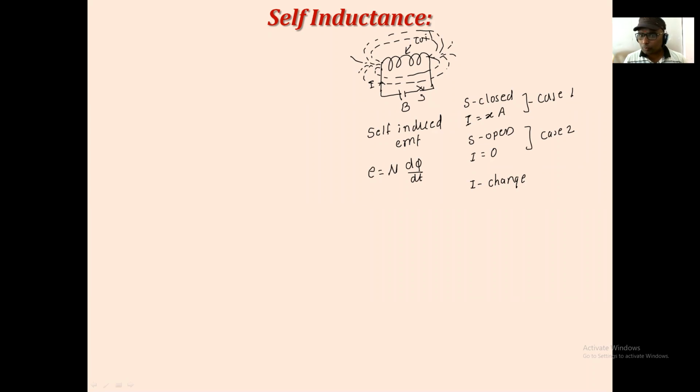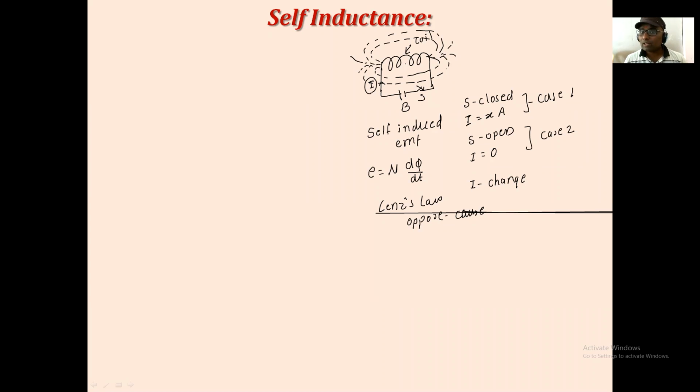But what is the direction of this induced EMF in the coil? The direction of an induced EMF in the coil, according to Lenz's law, is always opposed to the cause producing it. And what is the cause? The cause is this change in current. Because the current changes, the magnetic field changes. Because the magnetic field changes, EMF is produced in this coil. So the cause is a change in current.